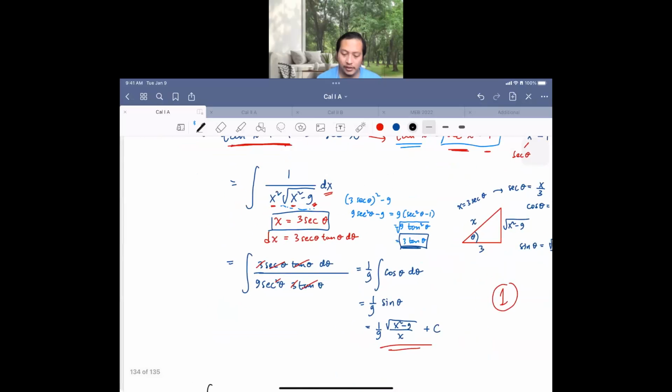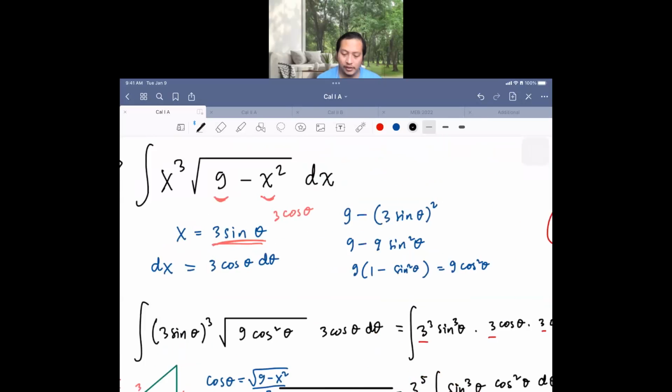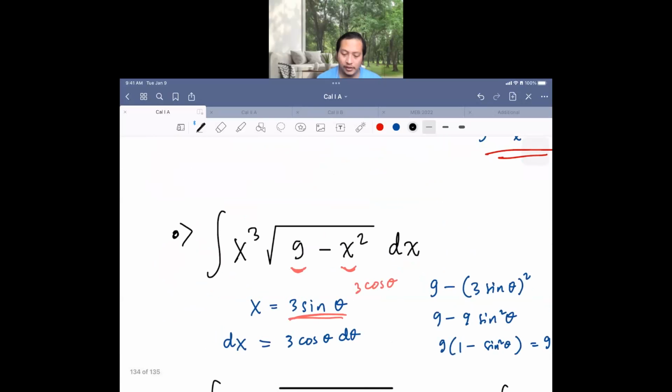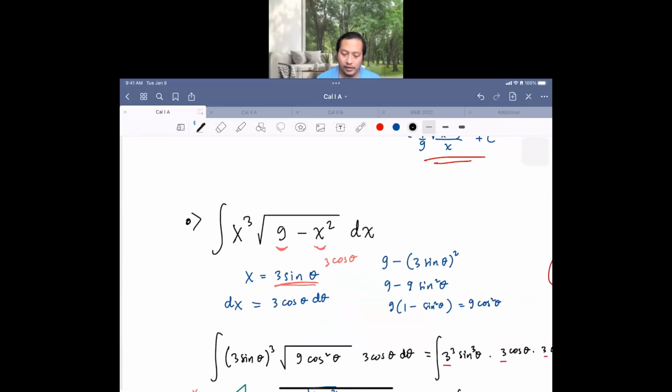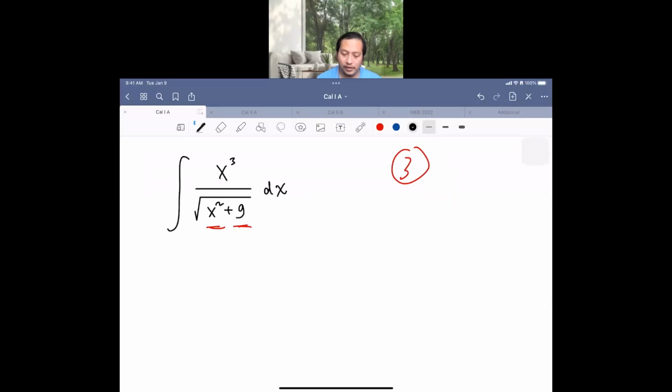But it's not like the previous one. In this one, we cannot really substitute to cancel the x cubed, because the variable outside the square root is higher than the one inside. So we cannot really use this substitution.